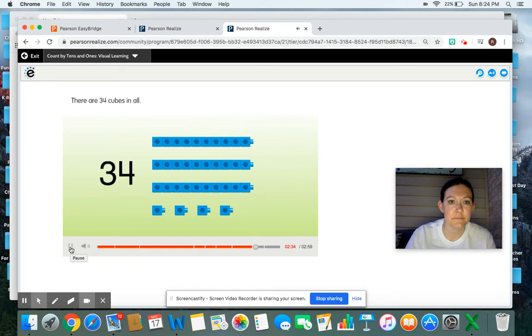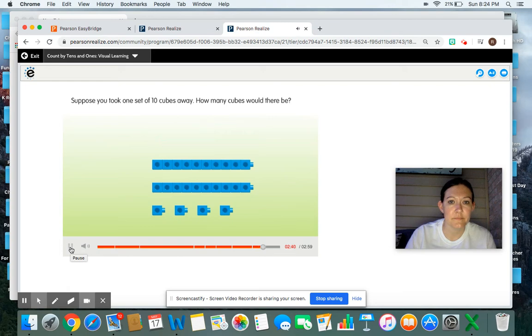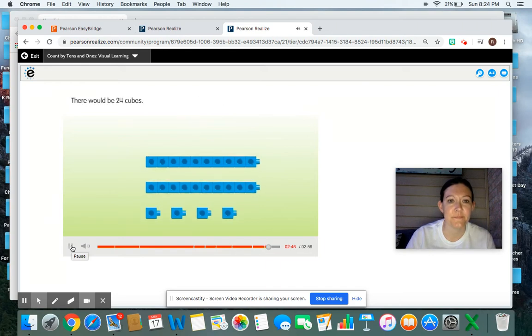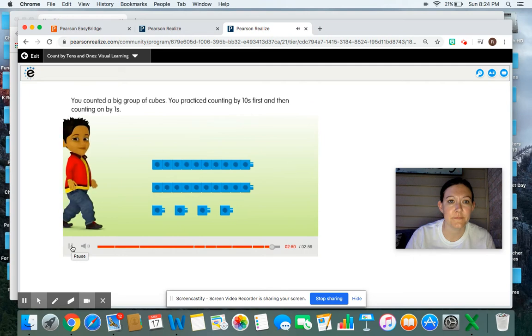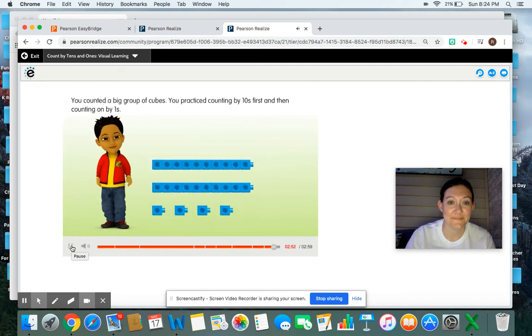There are 34 cubes in all. Suppose you took one set of 10 cubes away. How many cubes would there be? Can you do that? Give it a try. There would be 24 cubes. You counted a big group of cubes. You practiced counting by tens first and then counting on by ones.